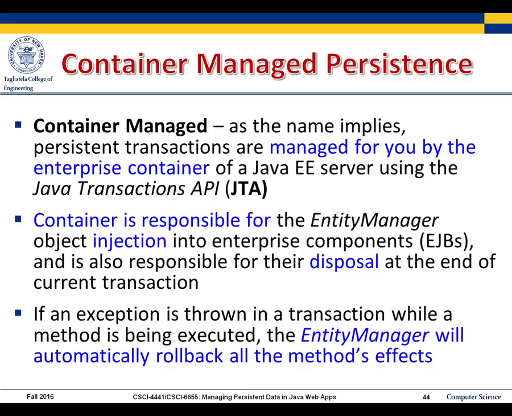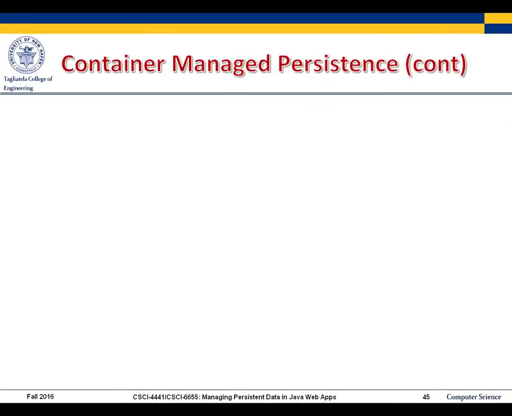But the big difference is that if any exception is thrown inside your method, the whole thing will roll back. So that's why you want to keep them pretty small and to the point, so that you're not rolling back large chunks of logic from the database. But it will do it for you. But then it makes it harder for you to manage.